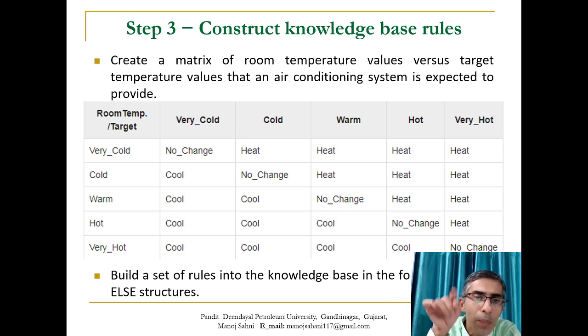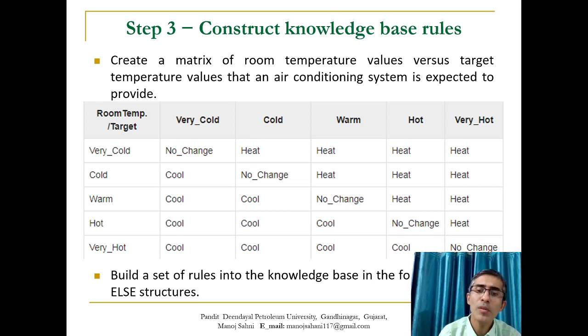Similarly, if the room temperature is very cold, but our target is cold, then we have to heat it to get the target temperature as cold. Similarly, if the room temperature is very cold and we require warm, again we need to heat it. Similarly, if the room temperature is very cold and we require hot or very hot, that means we need to heat it. So these are the rules that we need to form.